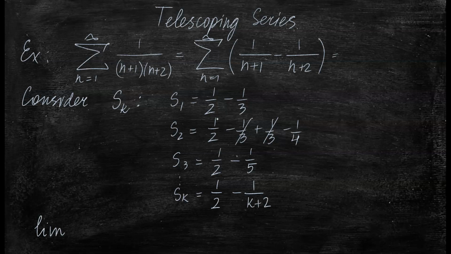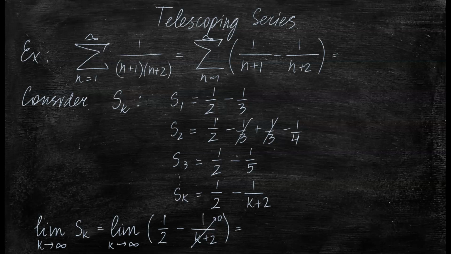That means we just obtained a formula for the sequence of partial sums, meaning that we can find the limit of a series by simply considering the limit of this sequence. But this is a relatively easy limit. 1 over k plus 2 approaches 0, and we are left with 1/2. So this is how we know that this series has the limit 1/2.